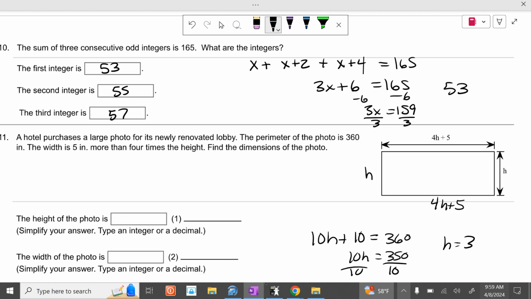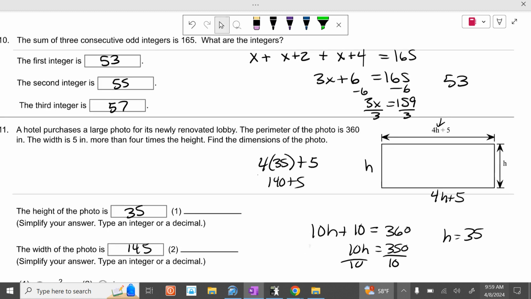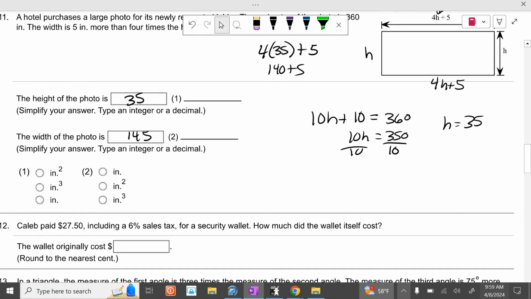H equals 35. So the height is 35. The width is 4 times 35 plus 5, because you stick the 35 in for that formula. 4 times 35 is 140 plus 5 is 145. And they're both just plain inches because they're measuring the length across, not area, not volume.